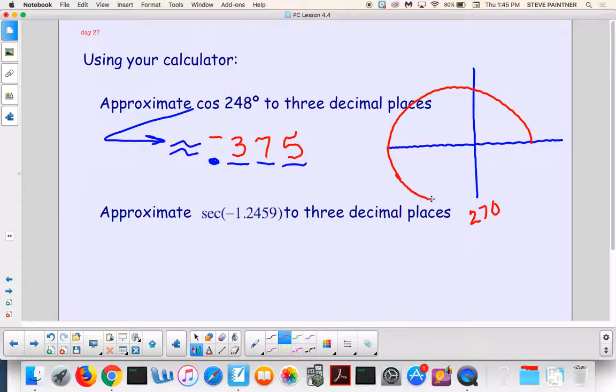Do you realize that you know the 45? That's 225. I got 248. I think I need to go a little further, just a little. It's important that you understand why. I'd say about right there, okay? Which means if I draw the angle like this, I want you to think about it. What does that mean?